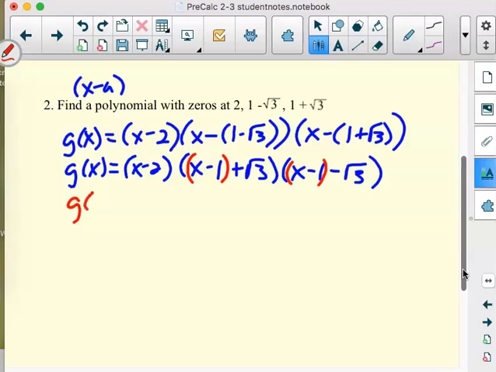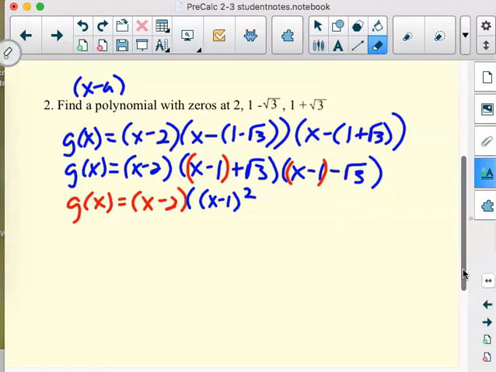So I'm going to go ahead and leave that x minus 2 alone for a second, but I'm going to multiply these back two as sum and difference. So x minus 1 times x minus 1, that's going to give me the quantity x minus 1 squared. And then last times last, because I don't have to do outside times outside plus inside times inside. That's the beauty of sum and difference pattern.